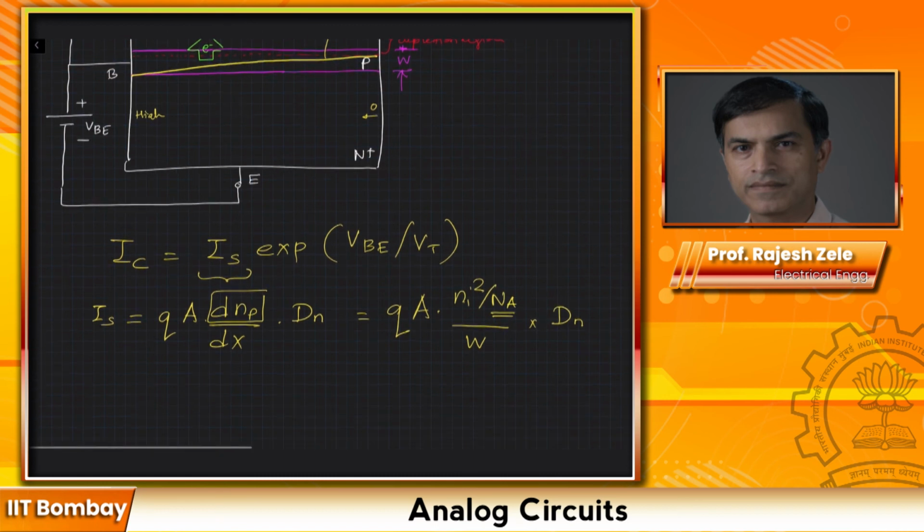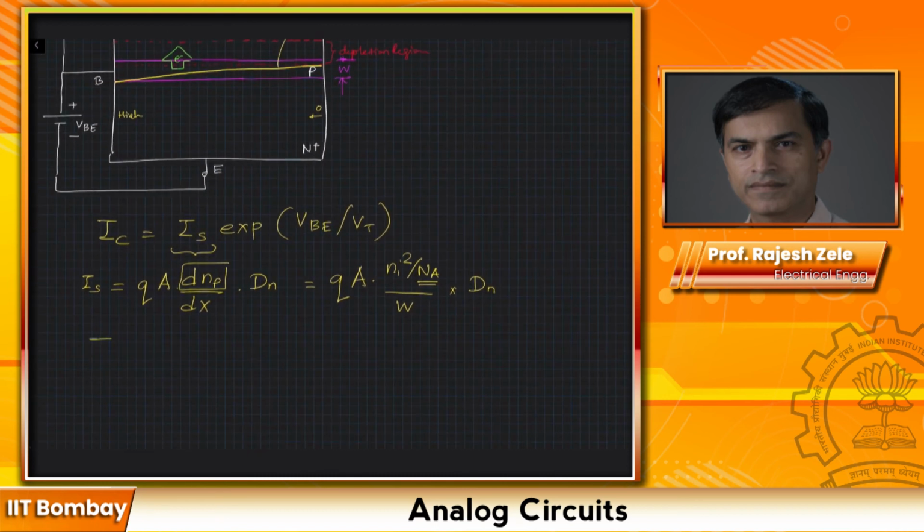So we can rewrite this expression again. IC is equal to Q, and now I'm going to write this as Q times the area of the emitter. If you remember the three-dimensional picture, the emitter was inside, the base was outside. So it's the area of the emitter, this area. That is what is important, the area of the emitter.